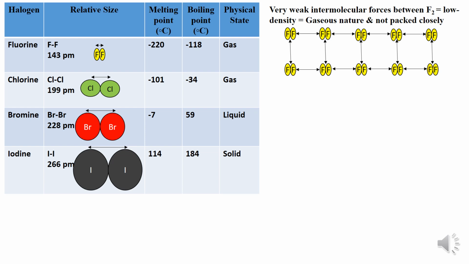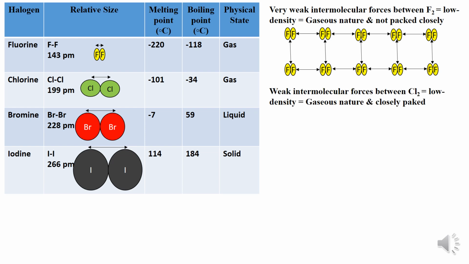In fact, they are loosely packed. The weak intermolecular force between the fluorine molecules leads to the loose packing, and as a result it is gaseous in nature with low density.